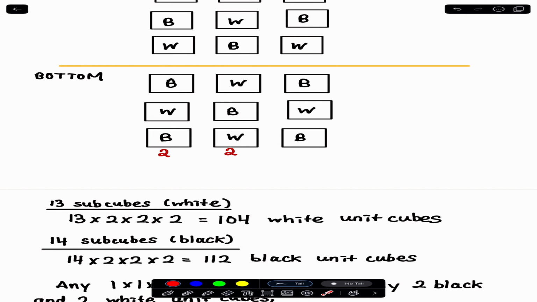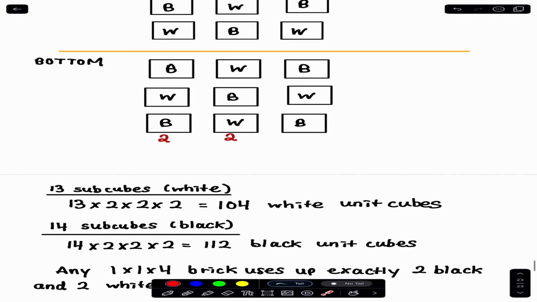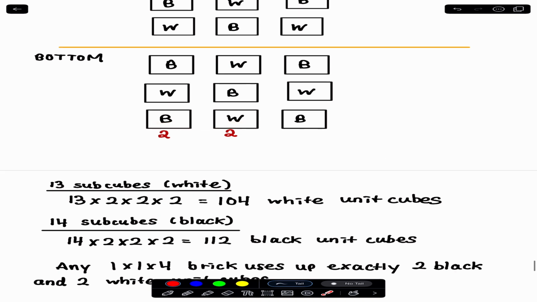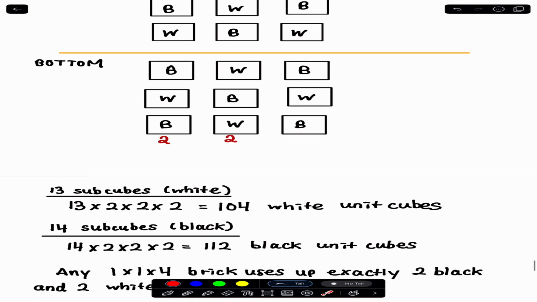But it's 2 by 2 by 2, so if we were to take a 1 by 1 by 4 brick and place it horizontally, since 2 plus 2 is 4, it would cover like this.